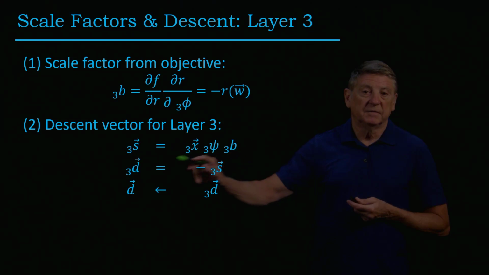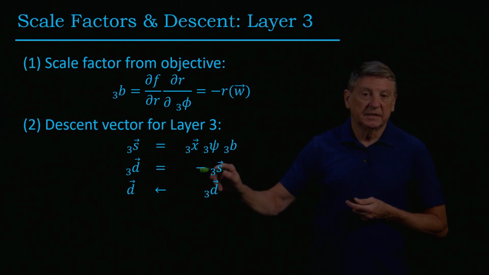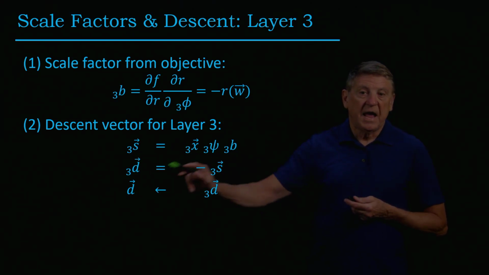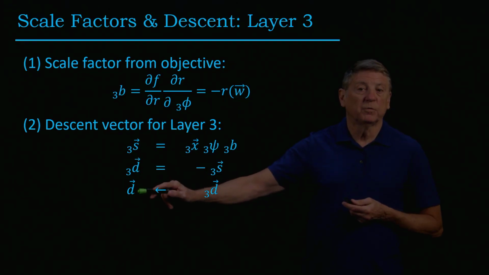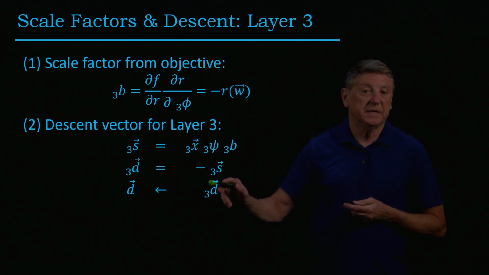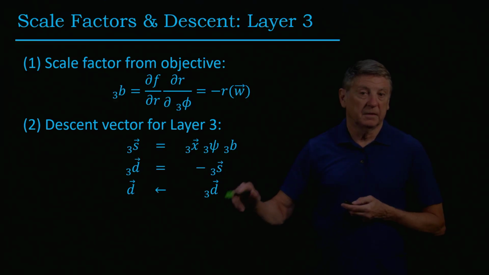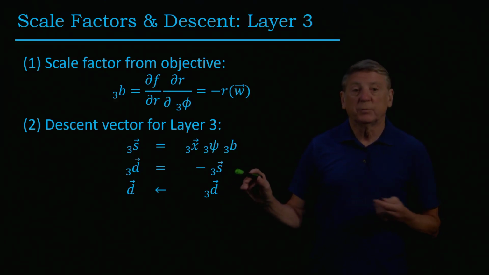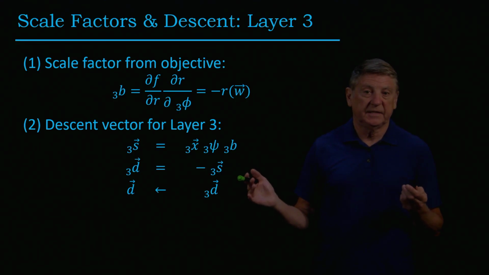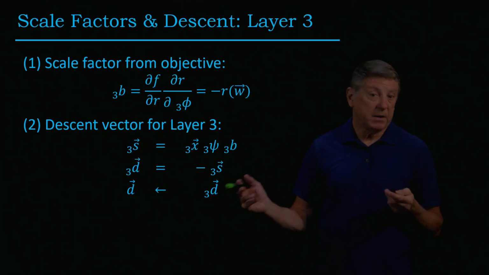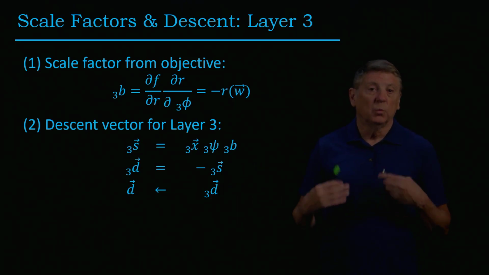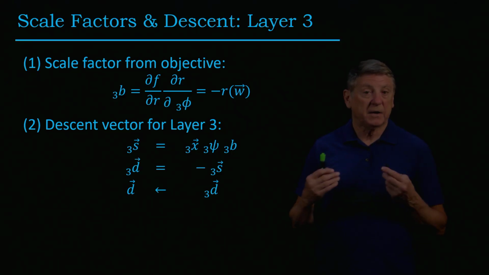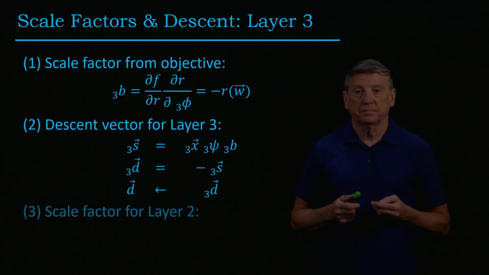The direction of steepest descent is negate that steepest vector, and what we'll do is we'll say the overall descent vector will set to be this term. So if we only had one neuron in the entire network, that would be the descent vector. However, we're going to augment that when we go backward to layer 2.